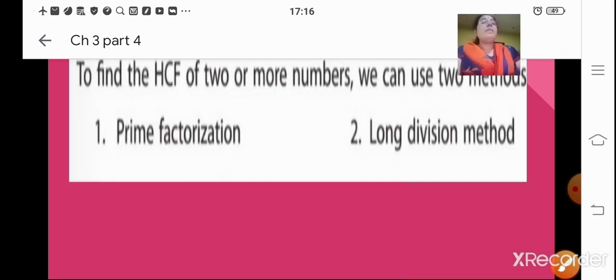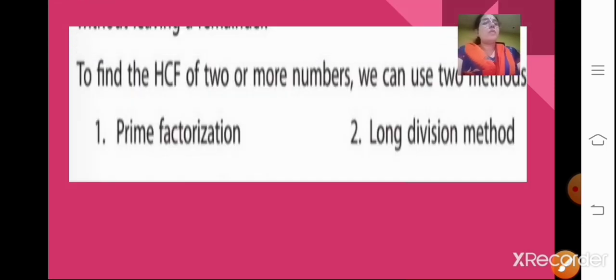To find the highest common factor, or GCD, of two or more numbers, we can use two methods. The first method is the prime factorization method and the second method is the long division method. So let us learn one by one, first the prime factorization method.